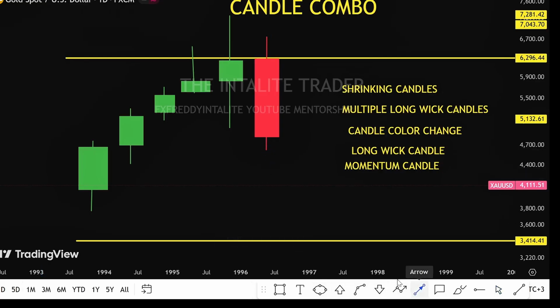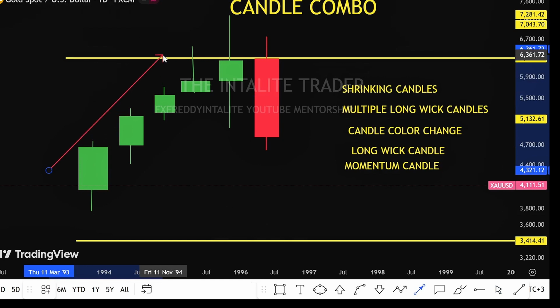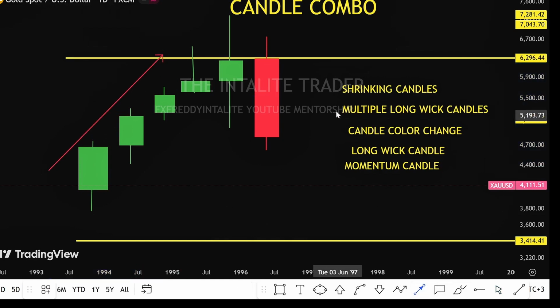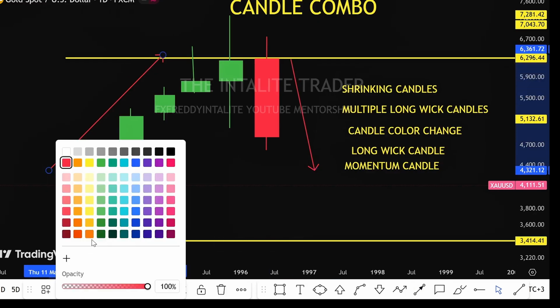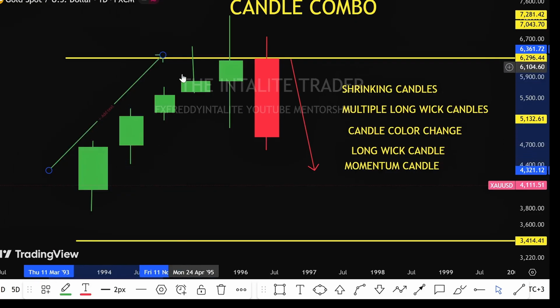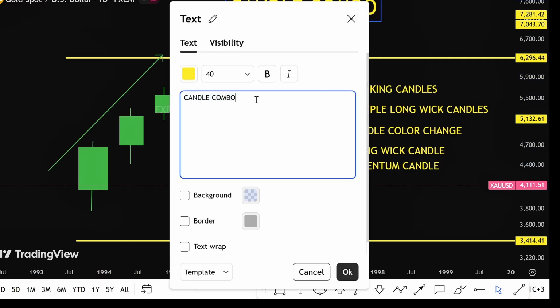So when you have such kind of patterns forming at the same level, this move has a combination of 1, 2, 3, 4, 5. So we call this a candle combo pattern.